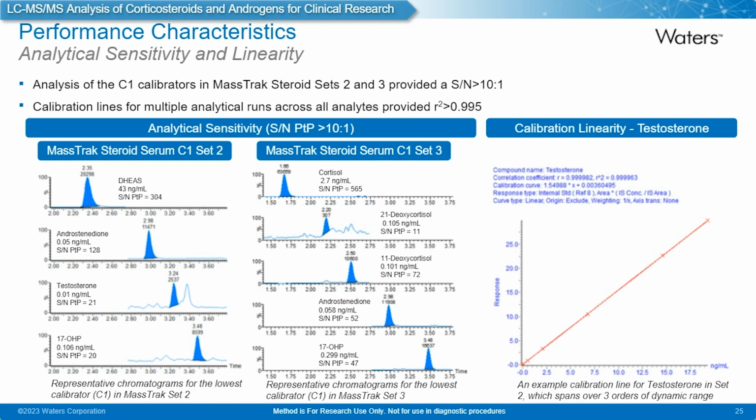And I've also highlighted one of the calibration lines, in this case for testosterone. This spans over 3 orders of dynamic range, so it demonstrates that we do have linearity across that range. And that's the steroid within both sets that has the widest dynamic range.